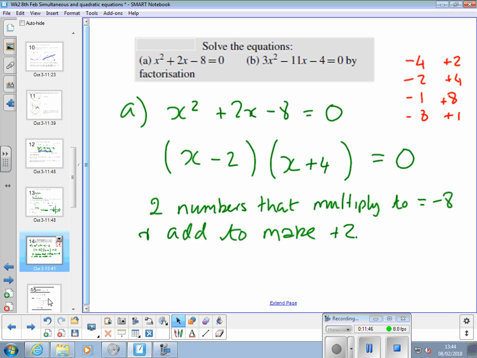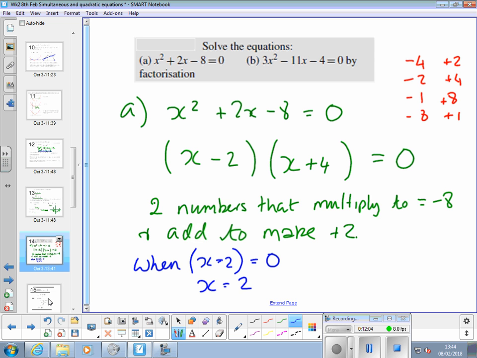So now what we have to do is say x minus 2 is equal to 0. x is equal to 2. Add 2 to each side.